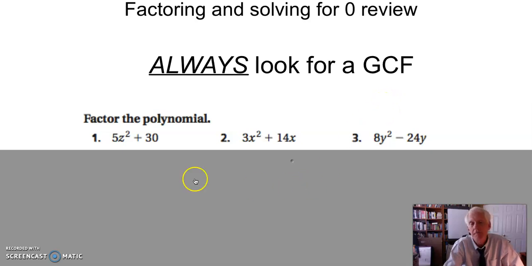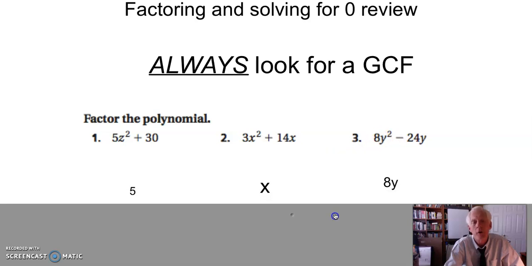You have paused. You saw, I hope, that the common factor here is 5. Common factor here is x. Common factor here is, I'm sorry, is 8y. When you find the common factor, there they are right there, 5x and 8y.